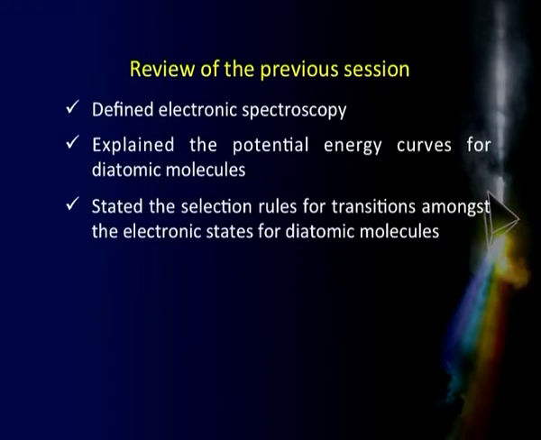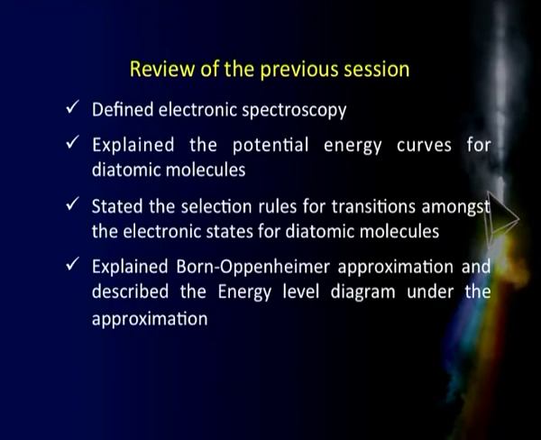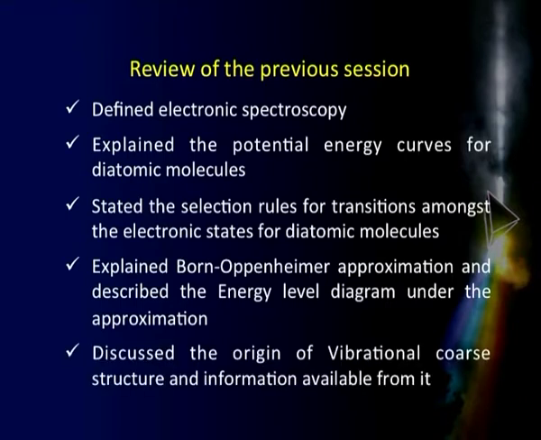Having done that, we moved on to a very important approximation, the Born-Oppenheimer approximation, and we saw how we describe the energy level diagram under this approximation. Thereafter we discussed the origin of vibrational structure and the kind of information available from it. That means we talked about the vibrational progressions and things like that.